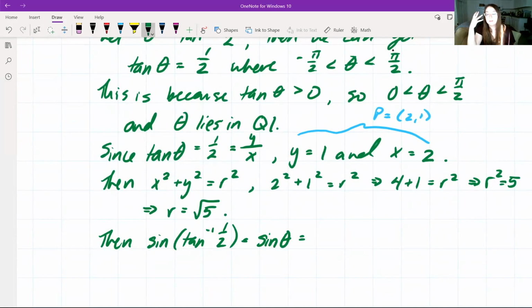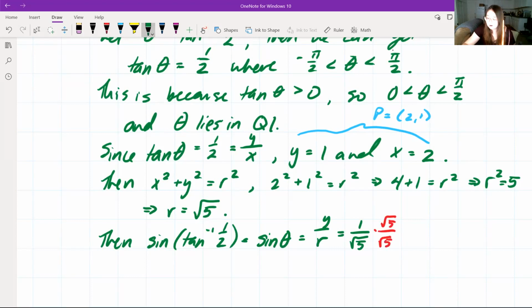So now we are able to find the radius, which we know that sine of theta is just going to be y divided by our radius r. We know that y is equal to 1. So our value is 1 over the square root of 5. Now we don't like having square roots in the denominator, so we're going to multiply this by square root 5 over 5.